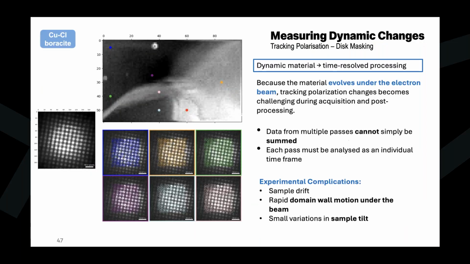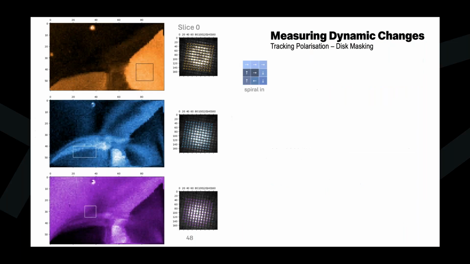We take, of course, our 4D STEM, because we haven't really shown this specifically in this presentation, but basically we take different positions. We can see that in different domain locations we have different polarization vectors, whether it's up, down, left, or right, and we can map all that pixel by pixel. And then what we can see is the different domains that we're getting. So let's say we have polarization up in one domain versus down in another, or left or right.